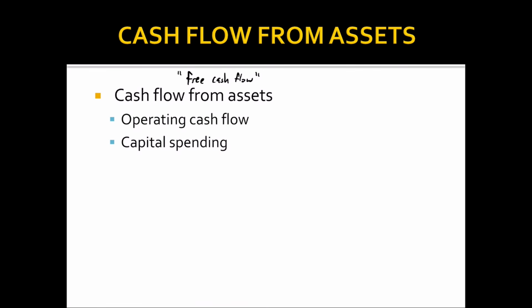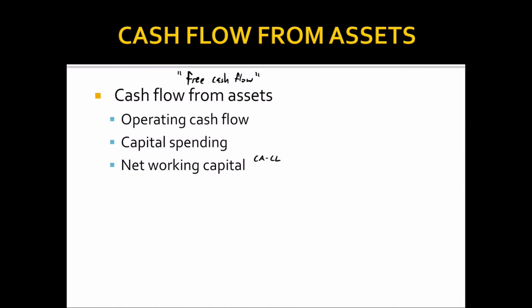Then you have capital spending, which refers to your net spending on fixed assets: the purchases of fixed assets minus the sales of any fixed assets. And lastly, you have changes in net working capital. Remember that net working capital is current assets minus current liabilities, discussed earlier in this video. This represents your net increase or decrease in current assets over current liabilities.